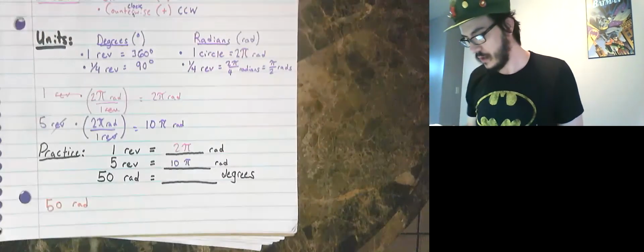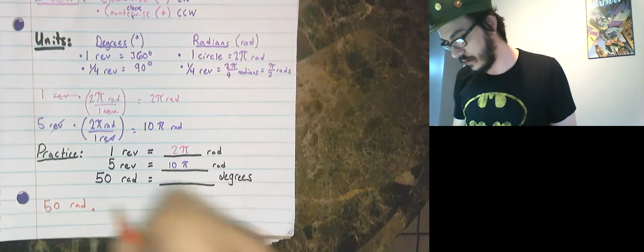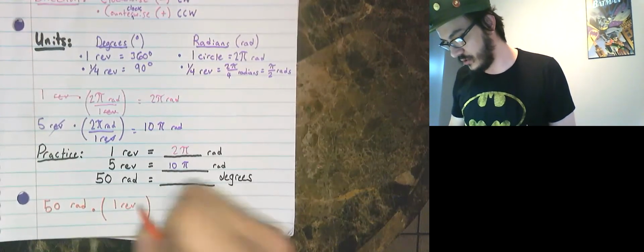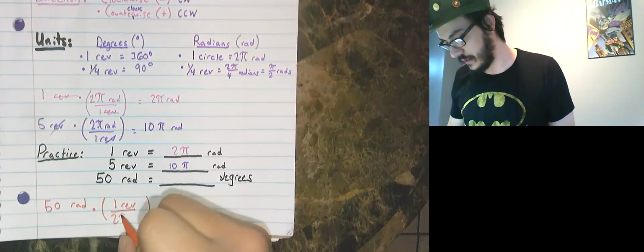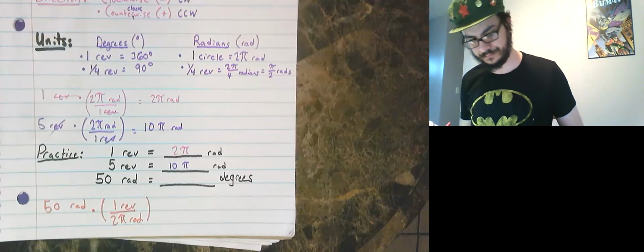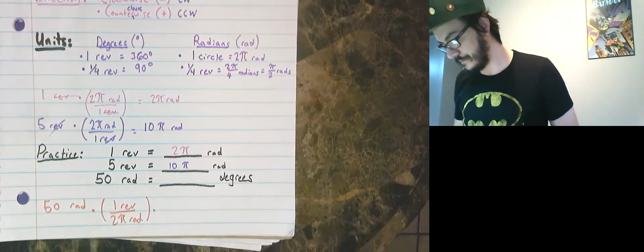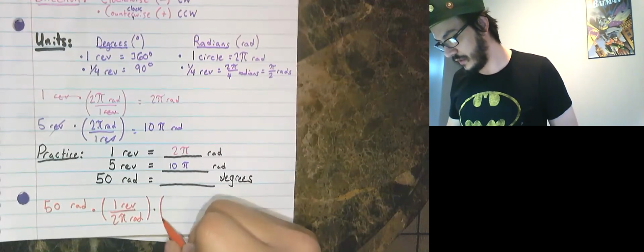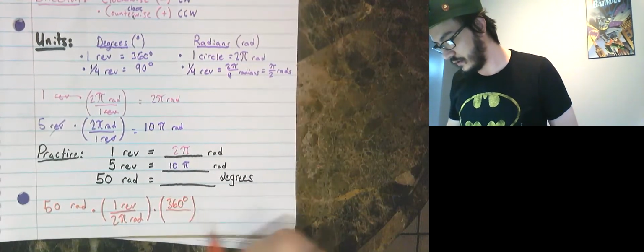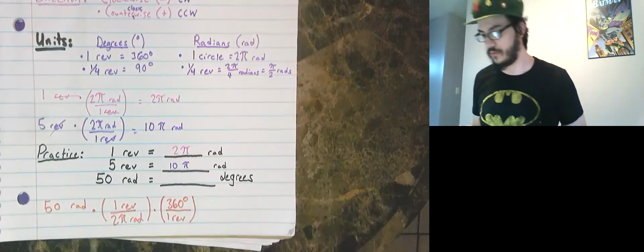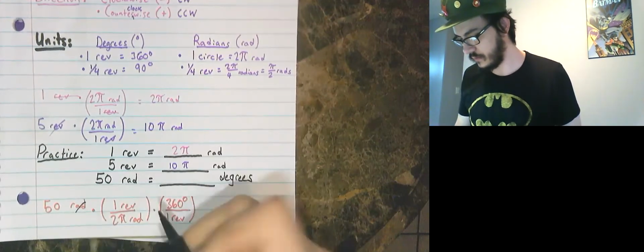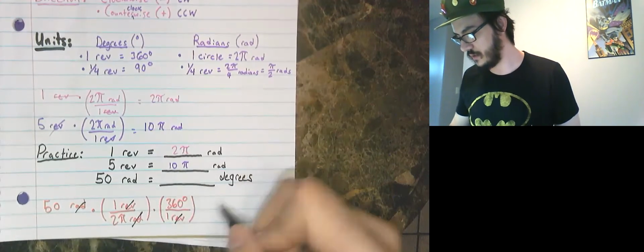Adjust here. 50 radians, and we've been doing this, so I'll keep it up. 1 revolution is 2 pi radians, and then there are 360 degrees in 1 revolution. Get rid of common units.